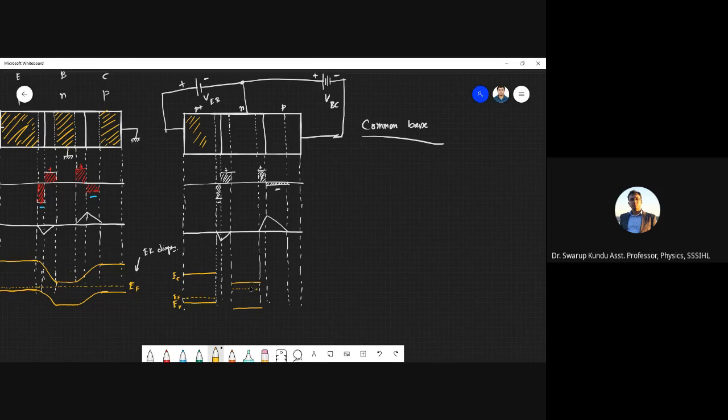But in this junction, left is N, right is P. So think wisely. It should go up, right? It is reverse bias and we interchange P and N, so it will again go up. How much will it go up? What will be the difference between the Fermi level in N and this collector P? It's the biasing, again, VCB, right?